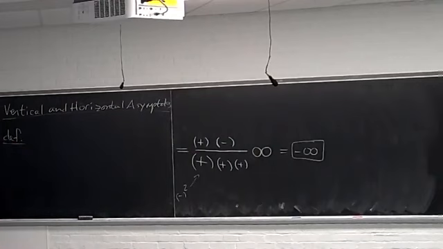So from case 4 of our theorem, a vertical asymptote will occur when the top is not 0 and the bottom is 0.